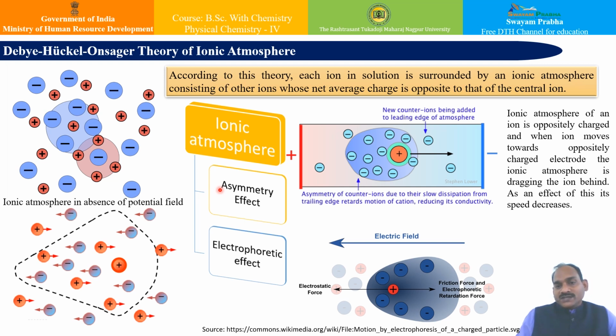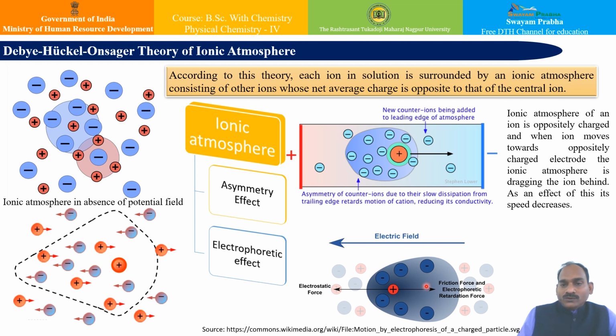Both these effects we have tried to show pictorially over here. These are taken from the source mentioned here. This is the asymmetry effect, this drag on the positive ion, and this is particularly the experience of the counter stream to the movement of the ionic cloud and particularly the ion, isn't it?